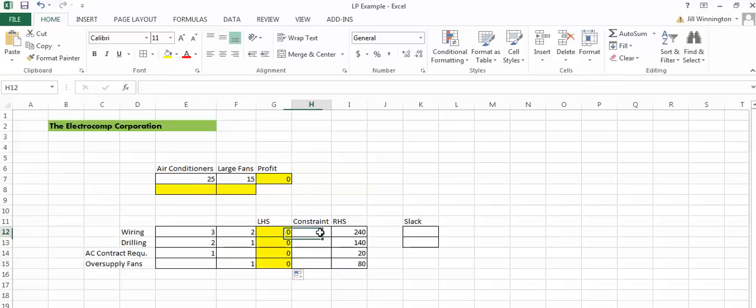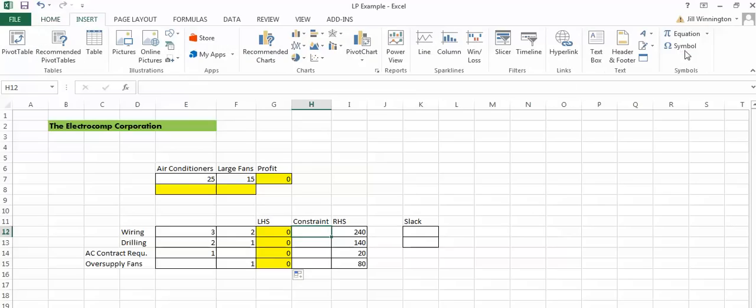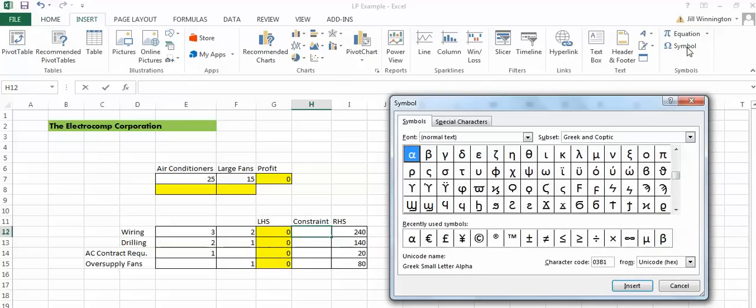Now what I'm going to do, and this is just a visual thing, is put in the signs. So when I go into Solver, it'll make it a little bit easier for me to identify what my constraints are. So I'm also showing you this because some people in the past have asked me how I put those symbols in. And if you don't know, this will show you. So I'm going to go up to Insert ribbon, and I'm going to go over to Symbol.